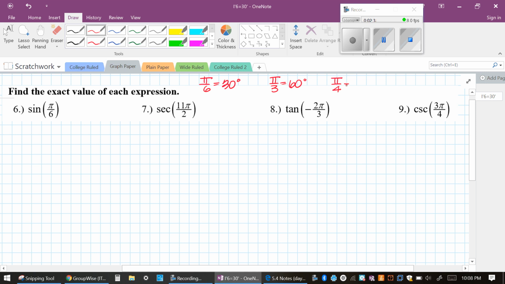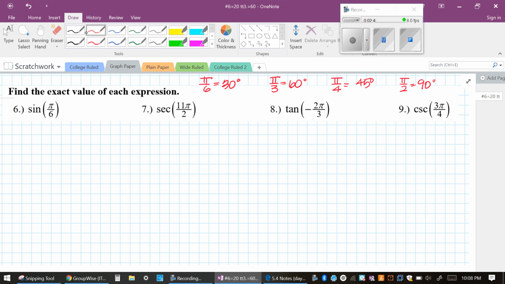Pi over 4 is 45 degrees. And pi over 2 is 90 degrees. That you guys talked about in advanced algebra. We also talked about it in chapter 4, but those are really important things to have memorized because we're going to keep going back and forth between radians and degrees. I know most of you are most comfortable with degrees.